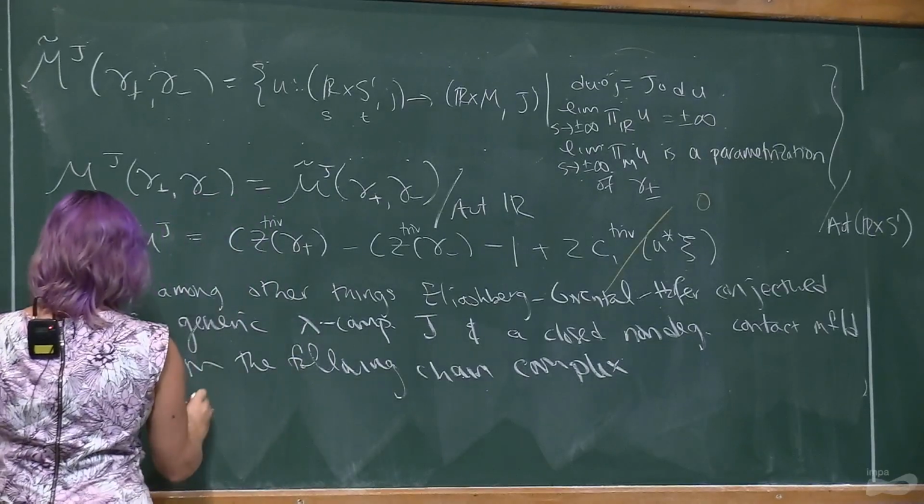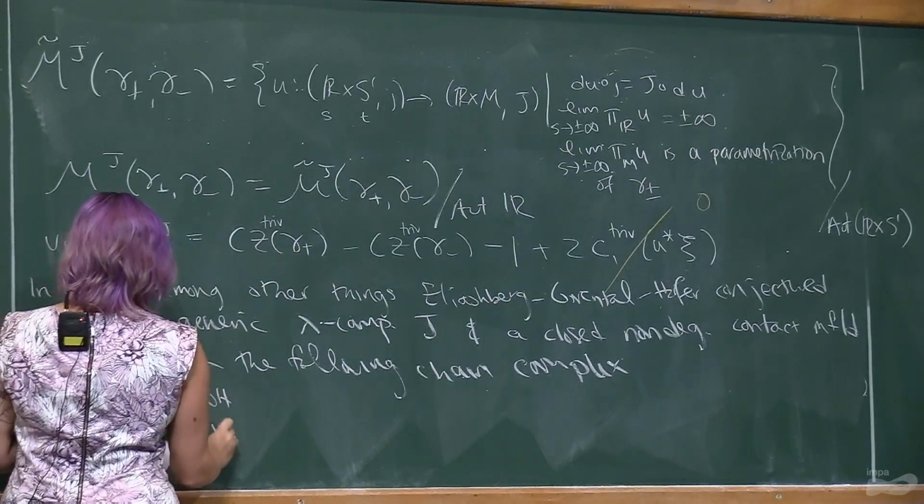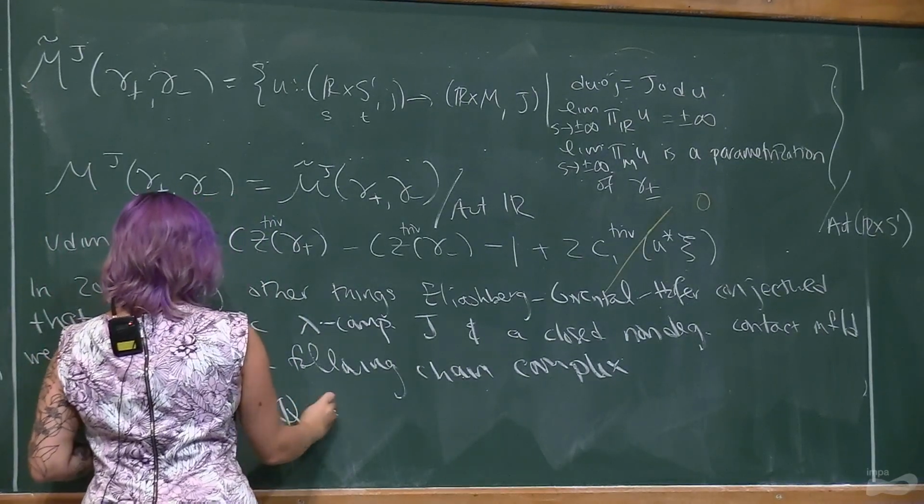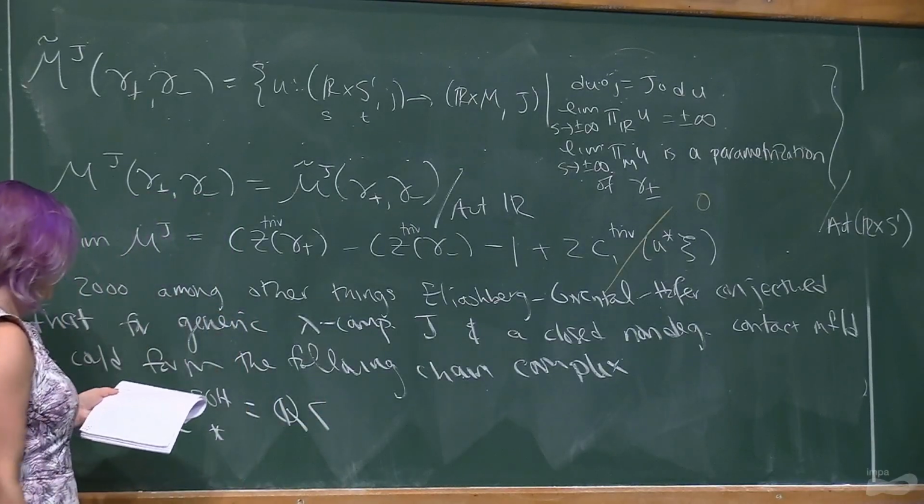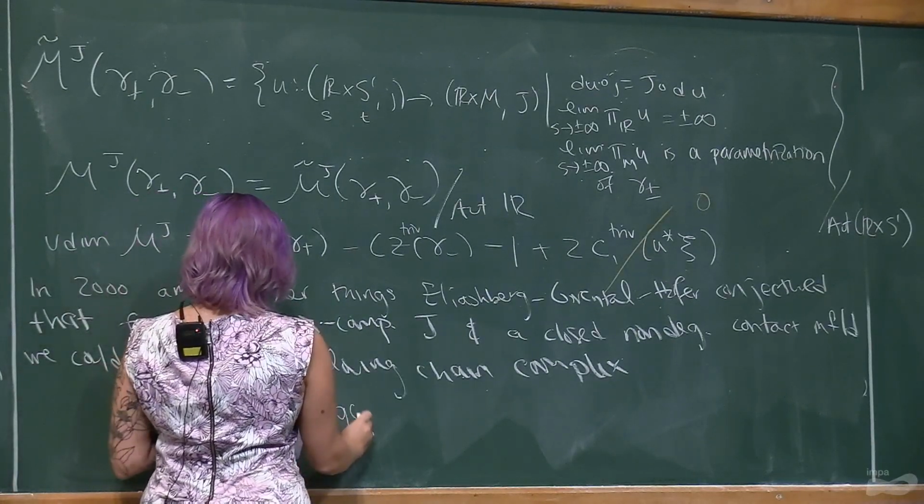So I'll write this as CC^EGH, and this was going to be generated as a vector space over Q by the good Reeb orbits.